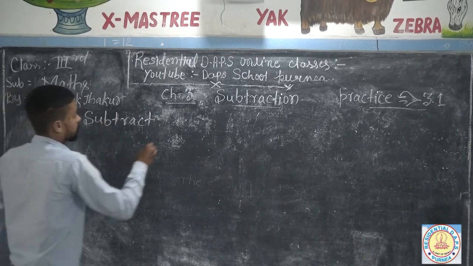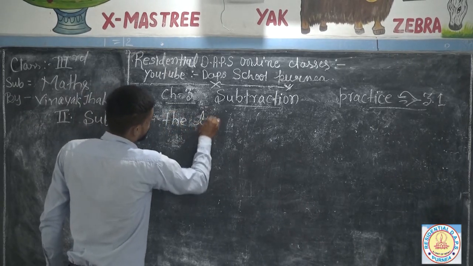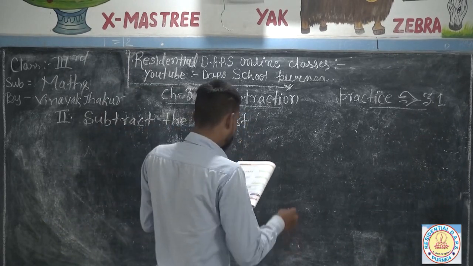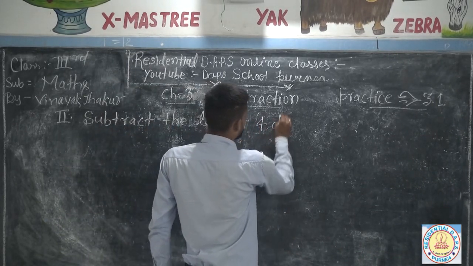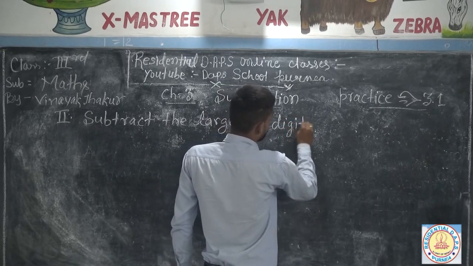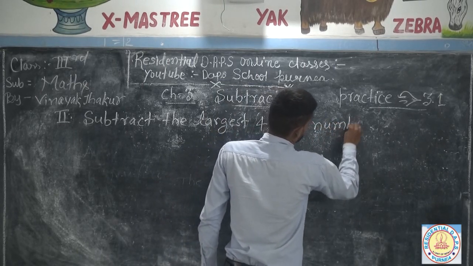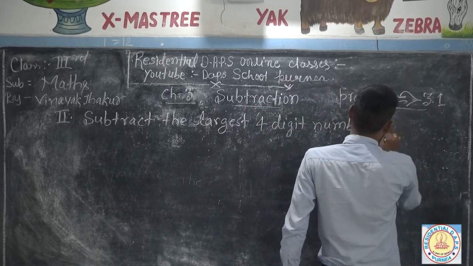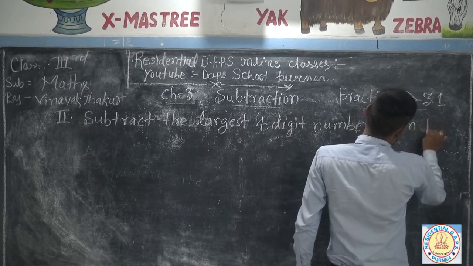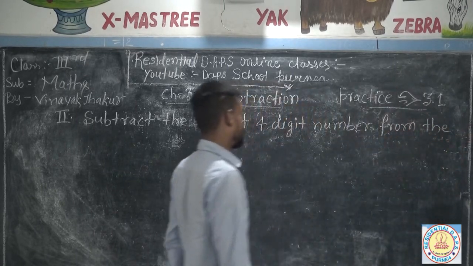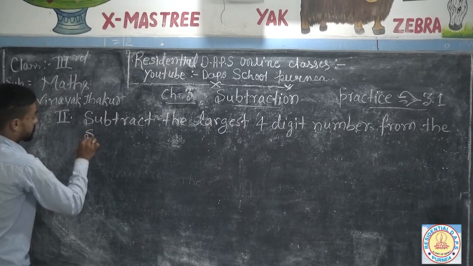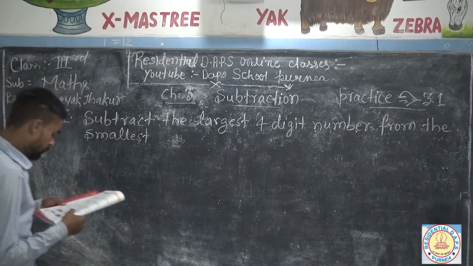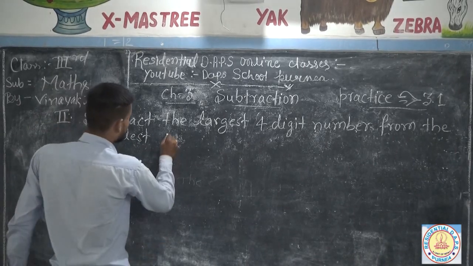Subtract the largest 4-digit number from the smallest 6-digit number.